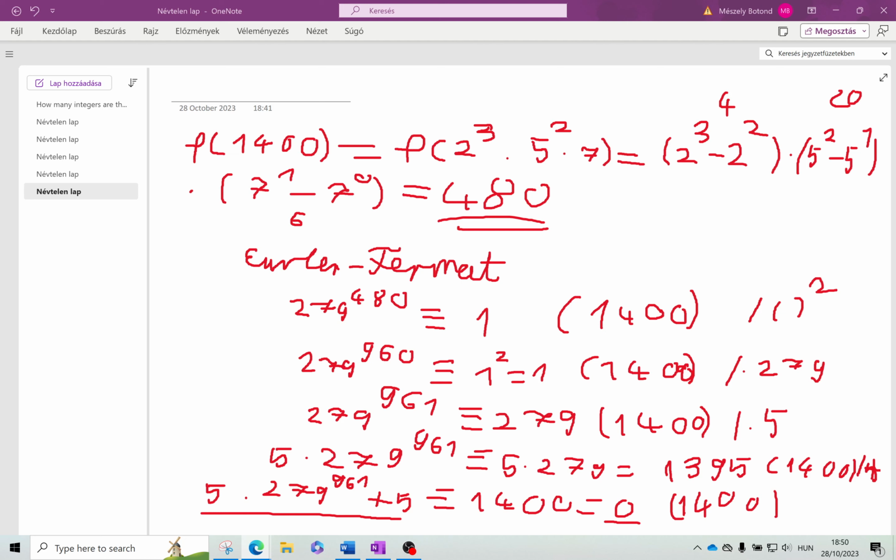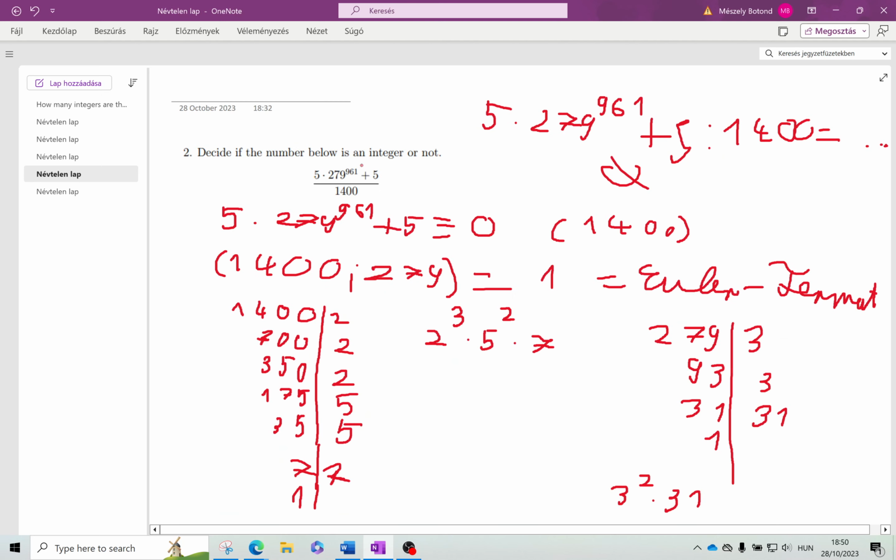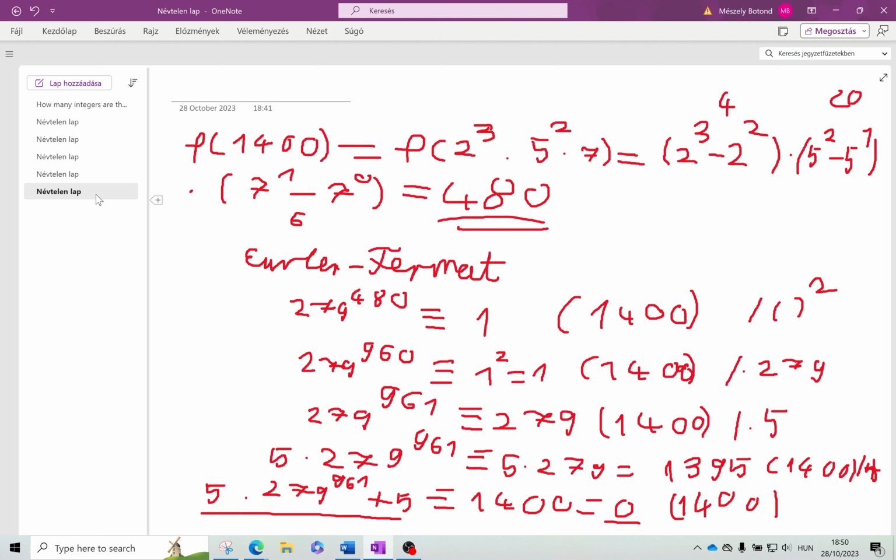So then, is there any question with the second exercise? On the second slide, why did we say 7 raised to power 1 minus 7 raised to power 0? So this is how we calculate the Euler function, which is the phi function.